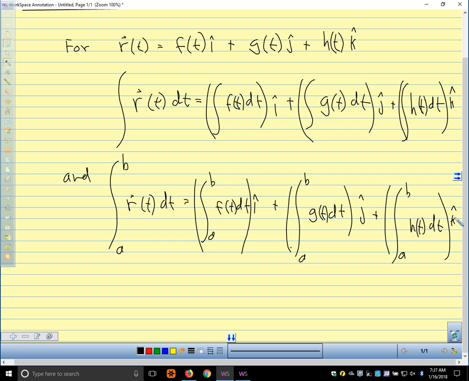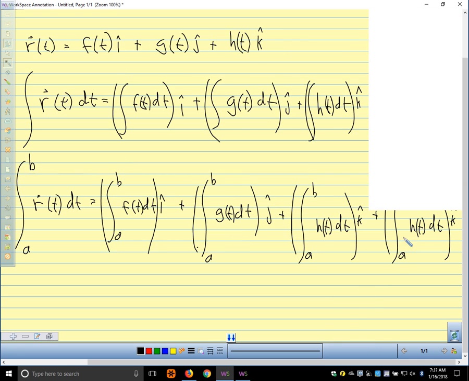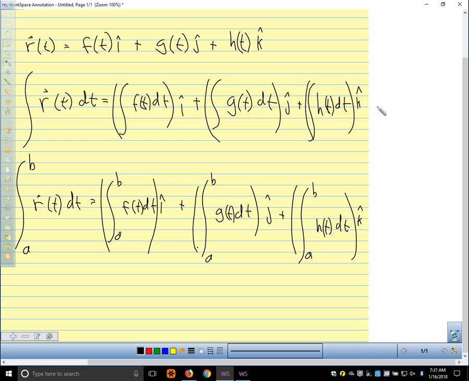All right, and I need one other thing here. Plus c. On my indefinite integral, I need a plus c here. The constant of integration is a vector.